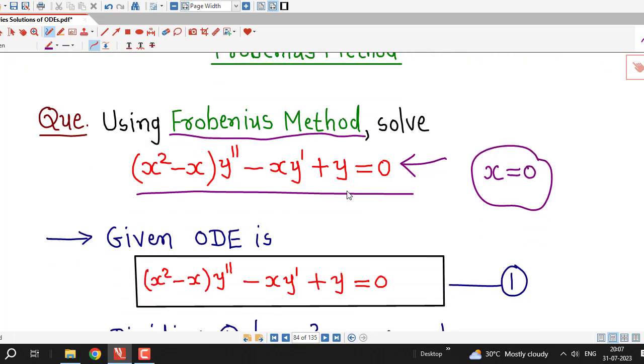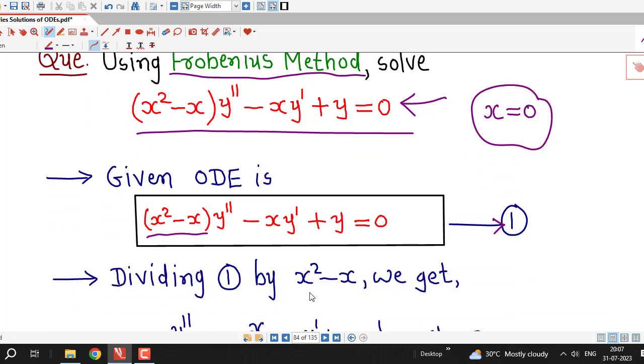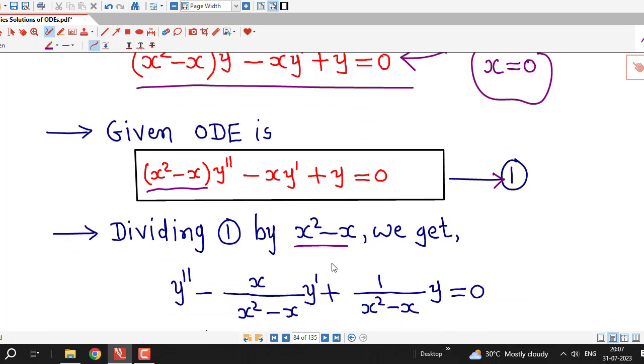I have written this equation and given it number 1, and first I have to divide by the coefficient of y double dash. So equation 1 is divided by x square minus x, and we have y double dash minus x divided by x square minus x times y dash plus 1 divided by x square minus x into y equal to 0. This I can rewrite as x times x minus 1, so this x will get cancelled with this x.